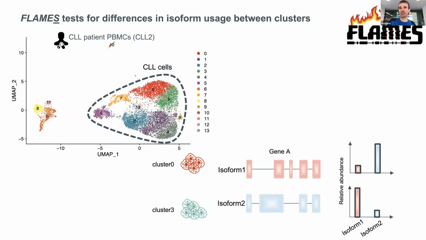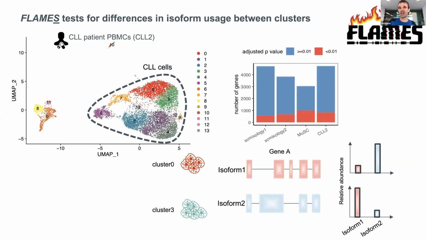And if we do a fairly simple test to look for that, we find between 500 and 1,000 genes across these samples that satisfy that criteria, which means there are different isoforms in use between different clusters in the data, which I think is really interesting because obviously this is something that for most data sets, you're not able to look at that sort of information.